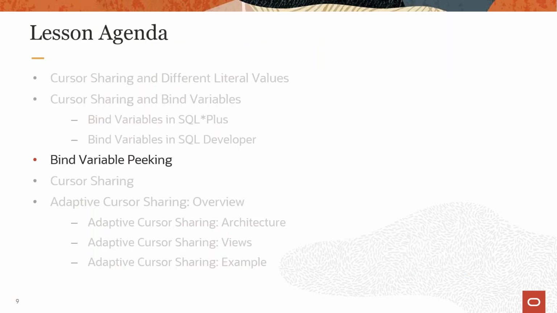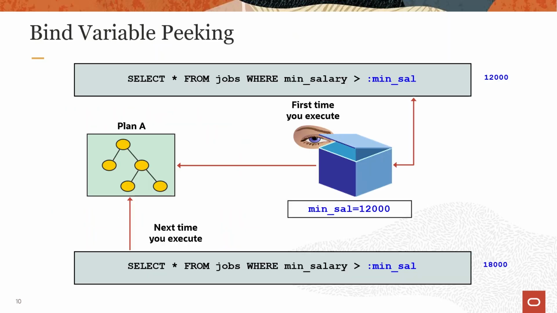Now, the next topic in this chapter is the so-called bind variable peeking. What is bind variable peeking? It's actually easy to explain. Suppose this select statement: select star from jobs where the minimum salary is bigger than a bind variable value. Let's say that it's the very first time that this select statement is going to be executed.